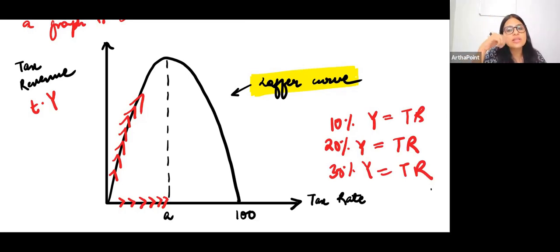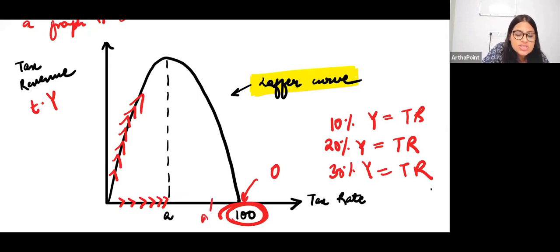But suppose the government tells you that I am going to charge 100% of your income as tax, will you work? No. If I earn 100 rupees and I have to pay 100 rupees as tax, I very well may not work. So, if the government charges exactly 100% as tax, then the tax that the government will collect will be zero, because nobody will work.